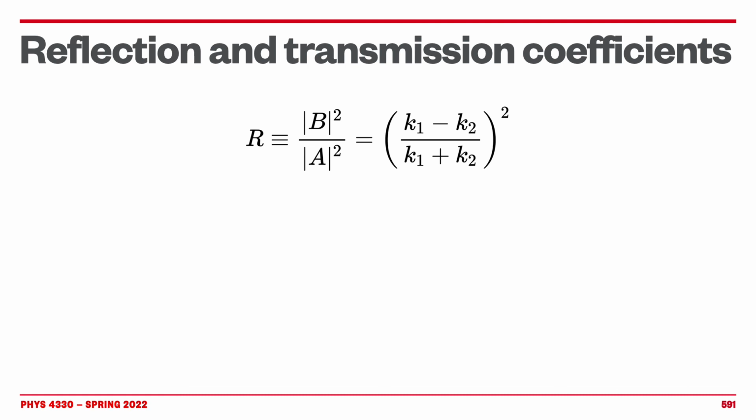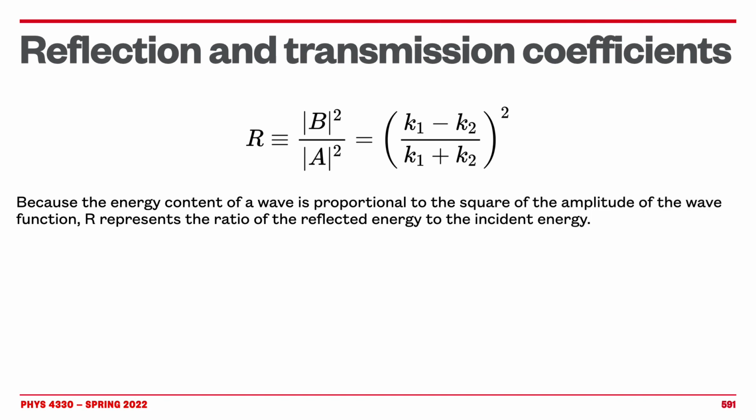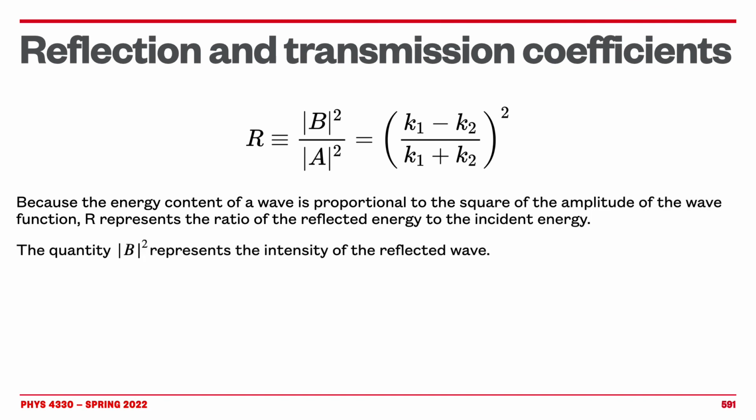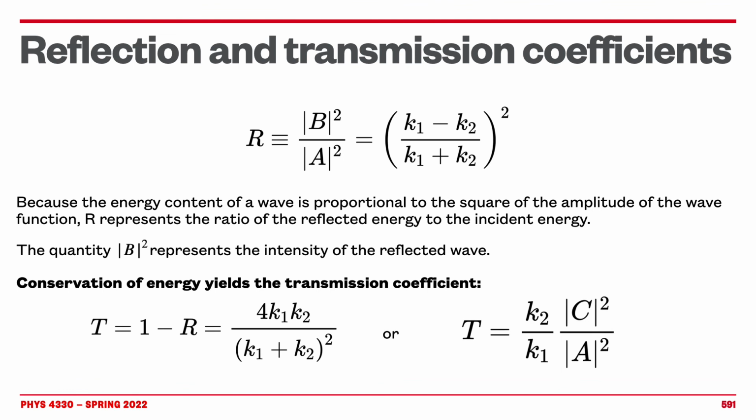So the energy of what's transmitted plus the energy of what is reflected should be a constant. That means that we can calculate the transmission coefficient as 1 minus the reflection, so that the transmission plus the reflection is equal to 1. And that one as well we can calculate using the values we've calculated before.